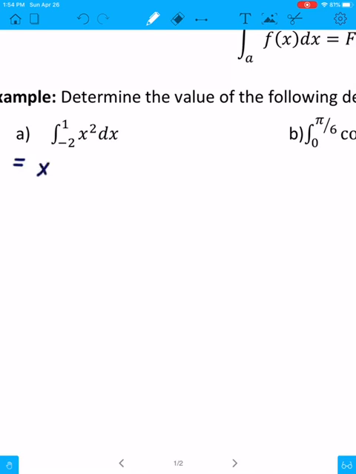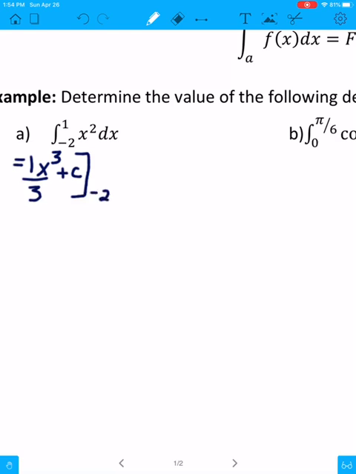We raise the power by 1, x cubed, and then we divide by that number, divide by 3, add c. And then we put a square bracket at the back so that we remember what these numbers are, because the integral symbol goes away the moment you find the antiderivative.